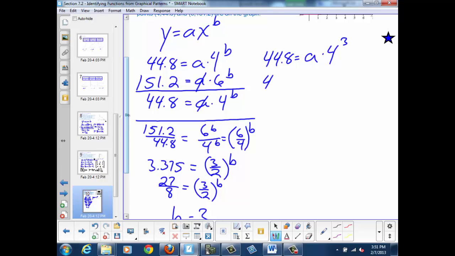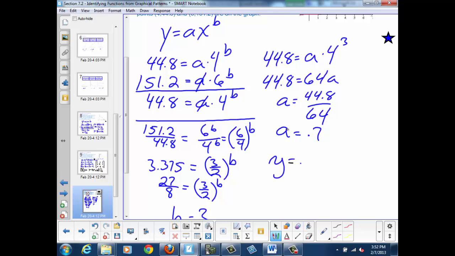So 44.8 equals 64a, and a equals 44.8 over 64. Using my calculator, I find that a becomes 0.7. That tells me that my final equation for this graph would be y equals 0.7x cubed.